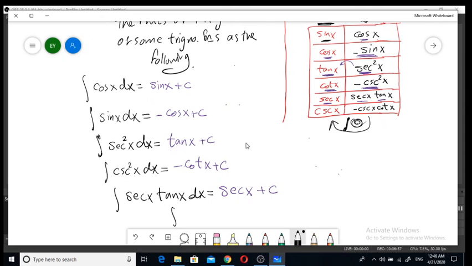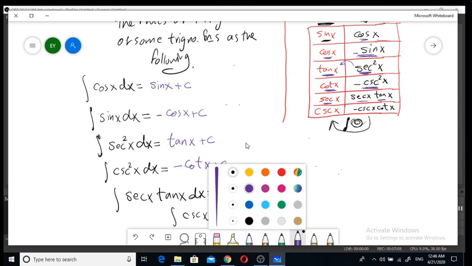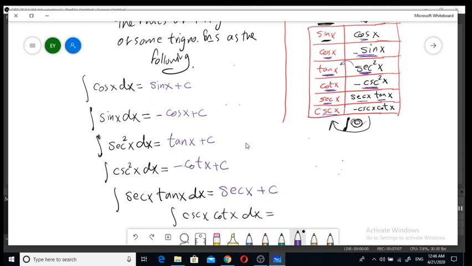Finally, if we need to integrate the function of cosec x cotan x with respect to x, we know that the derivative of cosec x will give us negative cosec x cotan x. So the integration of cosec x cotan x is going to be negative cosec x plus c.